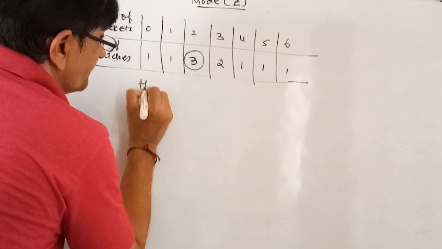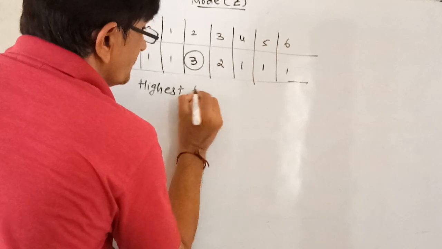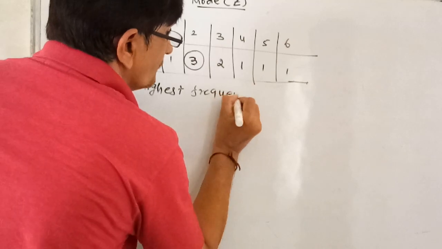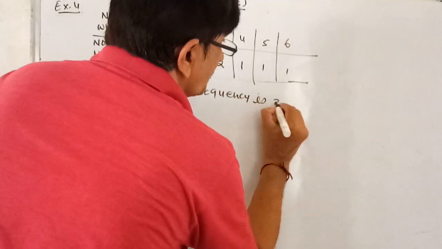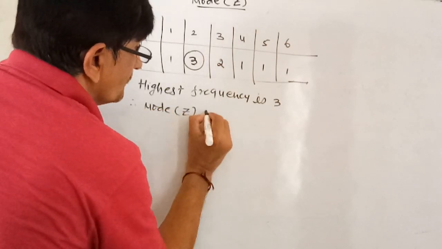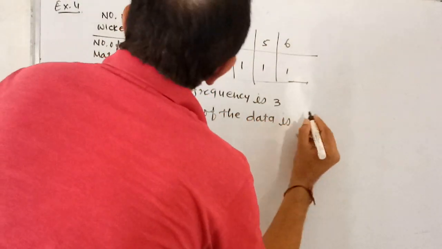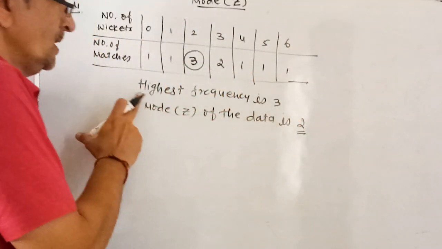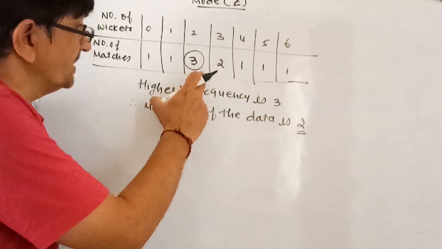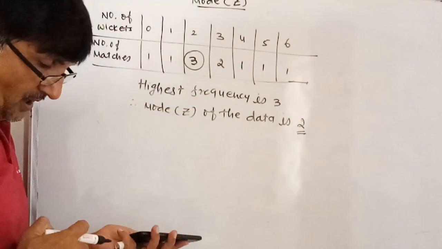So here we can write, highest wicket frequency is 3. Highest frequency is 3 and therefore mode Z is 2. Clear? So this is about the ungrouped data.